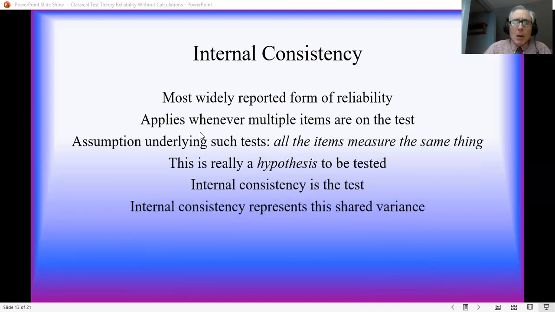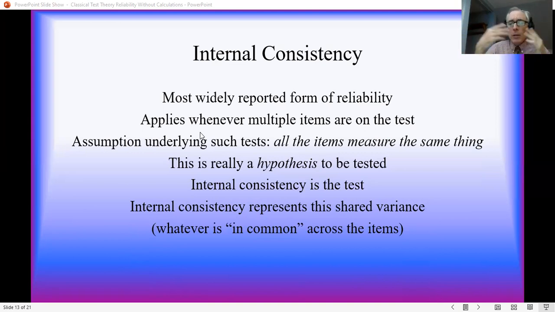Now, whatever it is that all the items have in common, that's captured by this internal consistency statistic. So whatever it is that's unique about this item or that item, whatever it is that's random about this item or that item, that's not helping you.